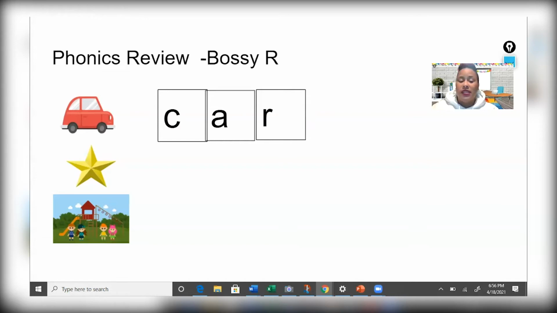What about star? Listen to the sounds in star: st, R, star. Did you hear the sounds in star? Which letters are making those sounds? What about the st? The first sound I heard was a s. Which letter makes a s? Yes, S makes a s.